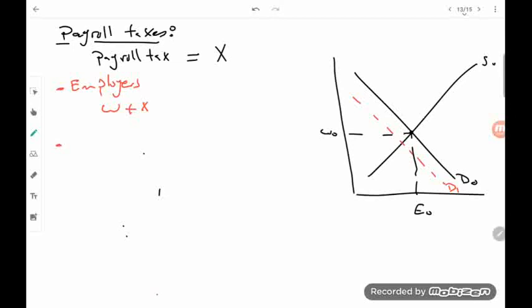If the burden is borne by the employees, the actual income received by the workers will be wages minus taxes. Or it can be a mix, a percentage paid by the worker and a percentage paid by the employer.